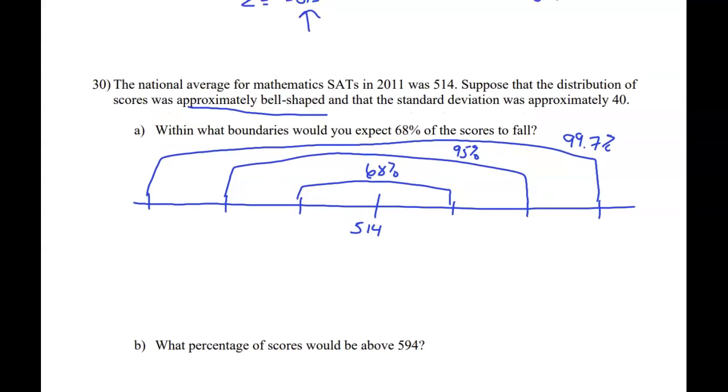Now, between each of these little lines, I can get 34% here and 34% here, because 68% divided by 2 is 34%. Out here, I take 95 minus 68, and I divide by 2, because this over here is 95, but I've already got the 68 here. And so whenever I take 95 minus 68 and then divide by 2, I get 13.5%.